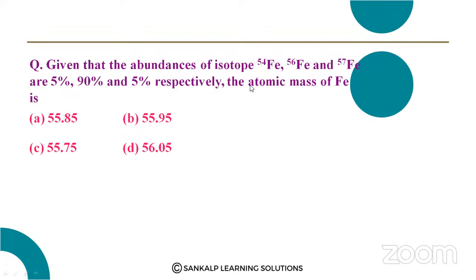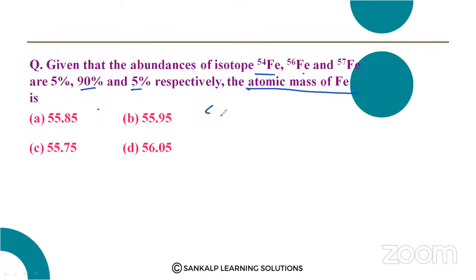So you can see iron, Fe, has three isotopes: Fe-54, Fe-56, and Fe-57, with abundances of 5%, 90%, and 5%. We have to find the atomic mass of Fe.